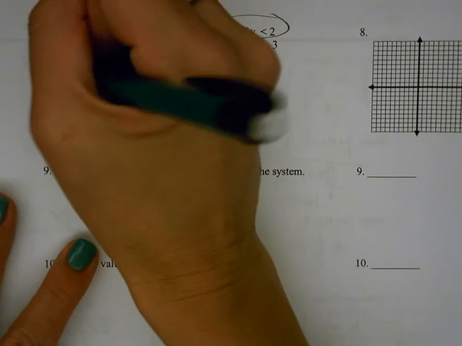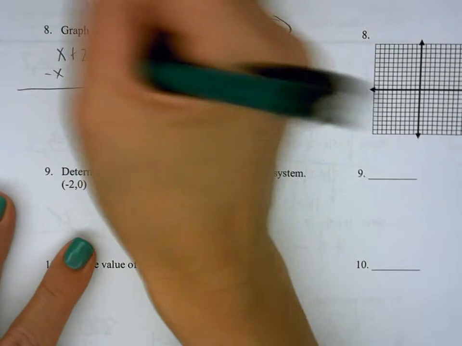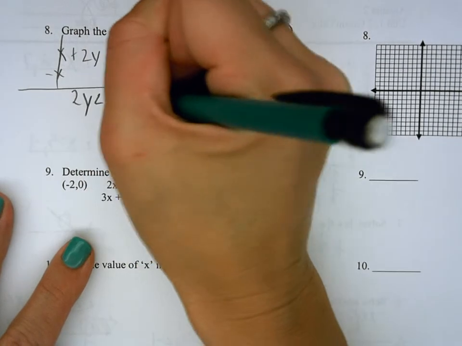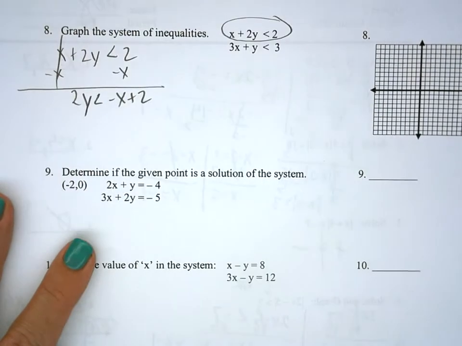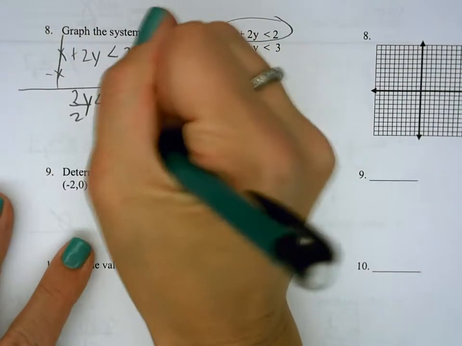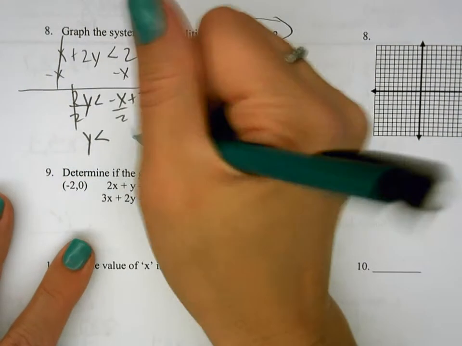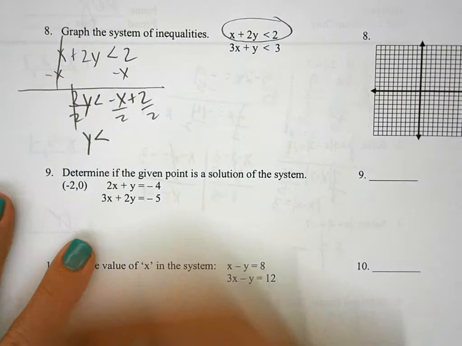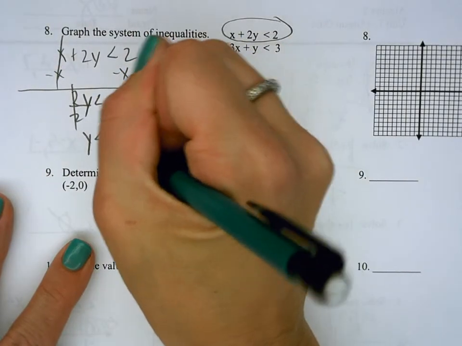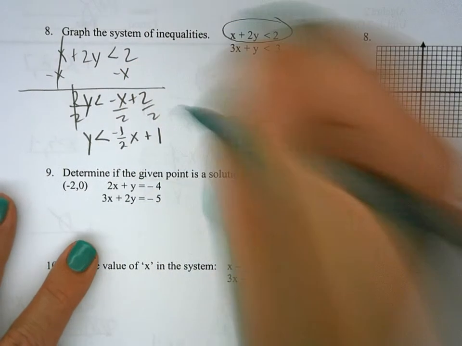So I subtract x, 2y is less than negative x plus 2, and then we divide everything by 2. So I get y is less than, I'm going to pull the fraction out in front for my slope, so that would be negative 1/2 x plus 1.